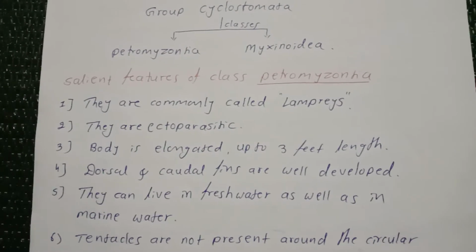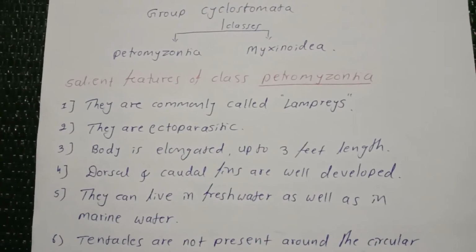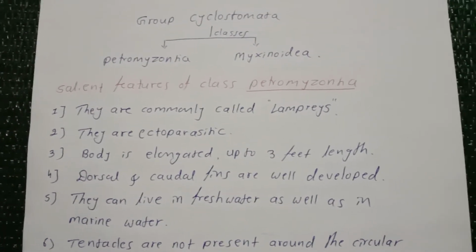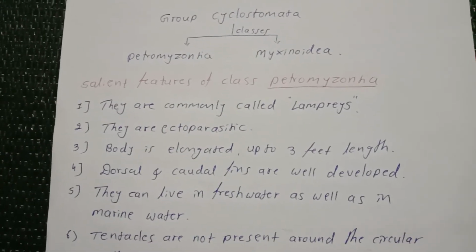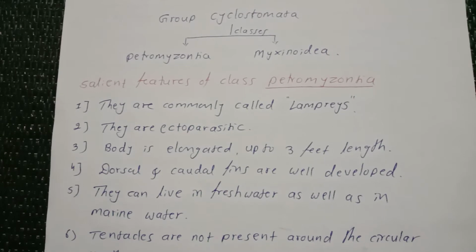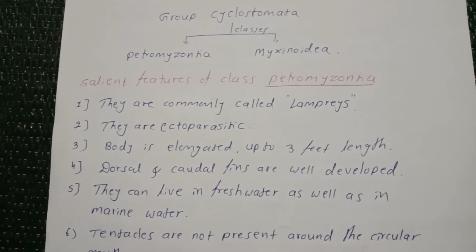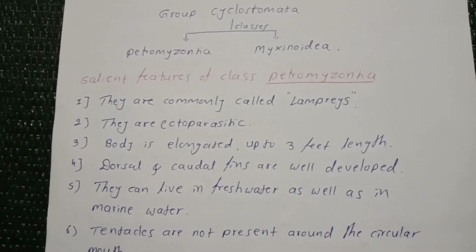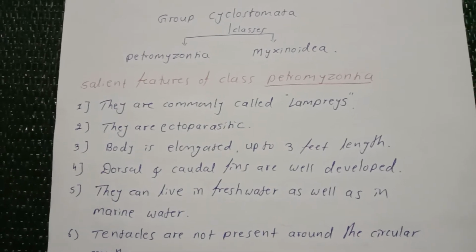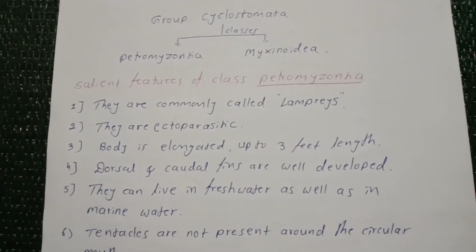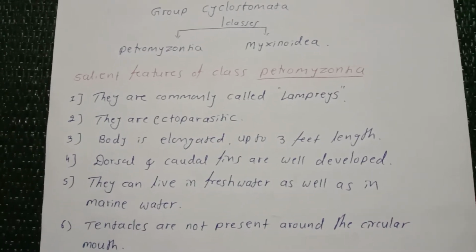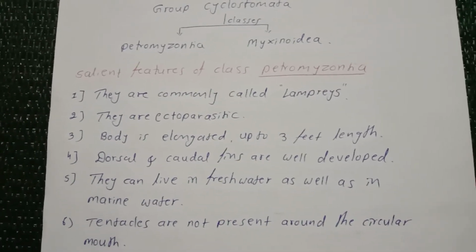That means they live outside the body as a parasite. Parasite means that they live at the cost of the host. Then the body is elongated, like an eel, and it grows up to 3 feet in length.